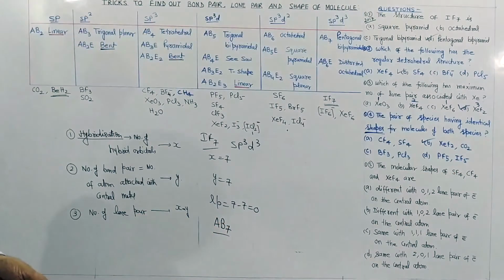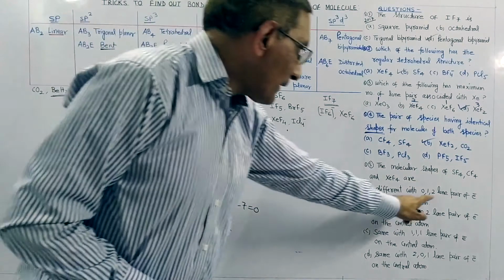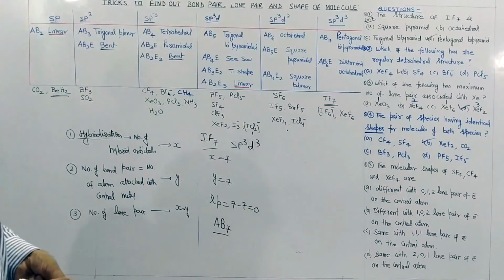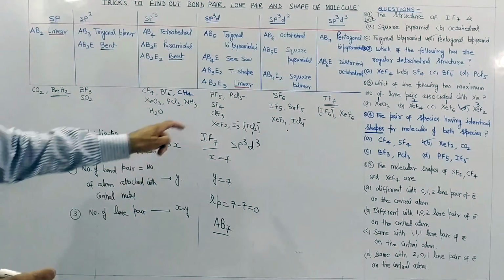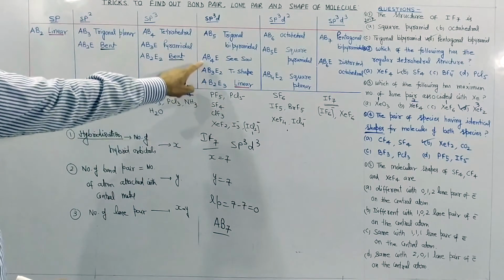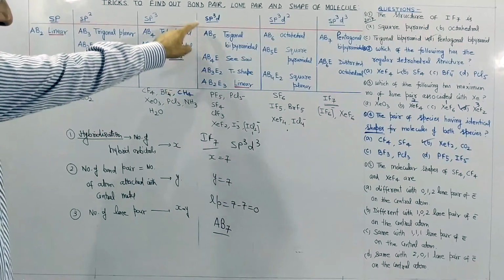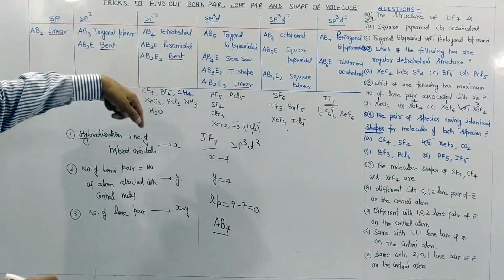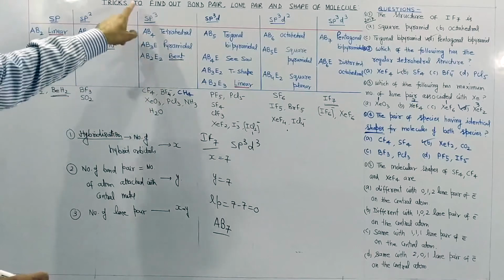Now question number 5. The molecular shapes of SF4, CF4 and XeF4 are. We have to find out molecular shapes as well as the number of lone pairs they are asking. SF4 is seesaw structure, sp3d. CF4 is sp3.